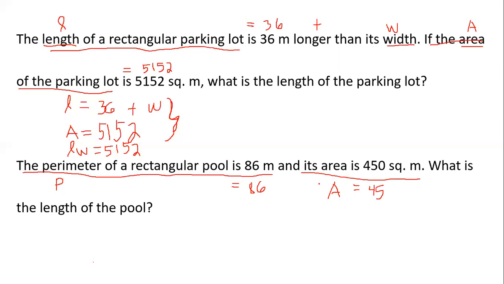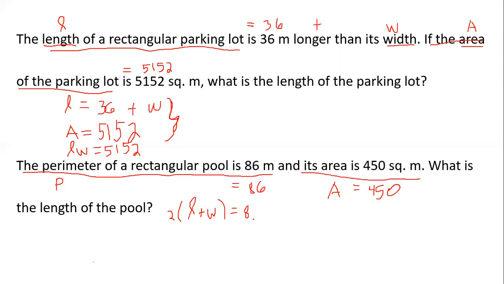Again, if you are going to derive an equation out of those two equations using length times width, we should review our formula for perimeter of a rectangle, and that is twice the sum of the length and width equals 86.